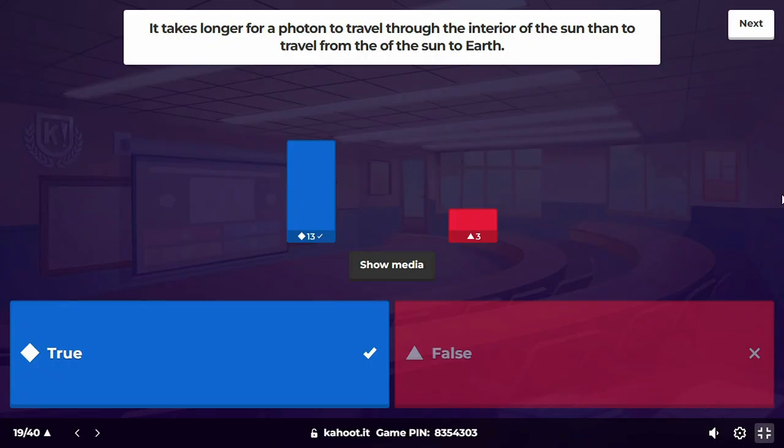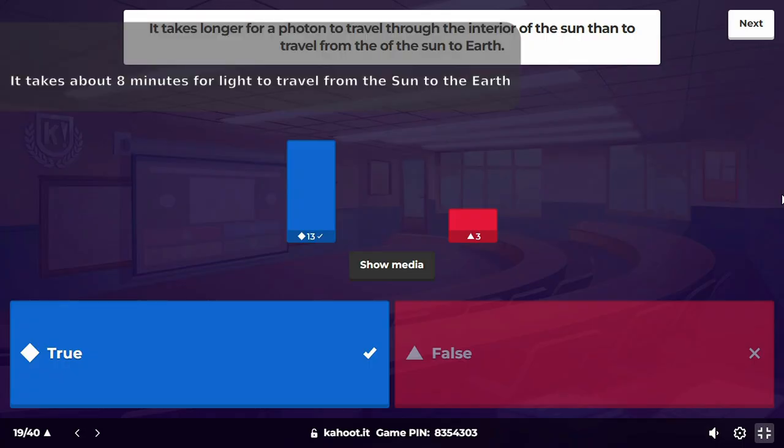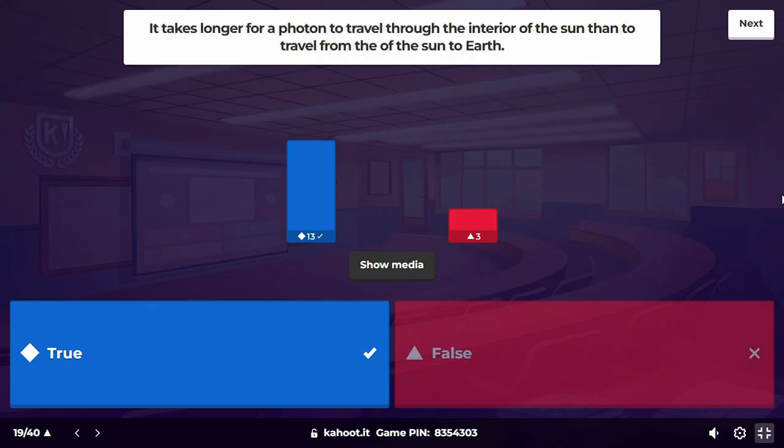If you use the speed of light to calculate the amount of time it would take to travel from the surface of the sun to the Earth, it's very, very small compared to the tens of thousands to millions of years it takes for the photon to leave the sun.